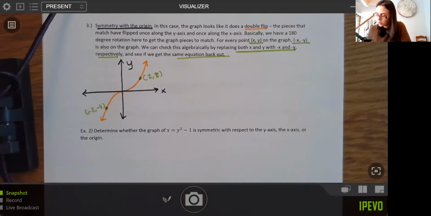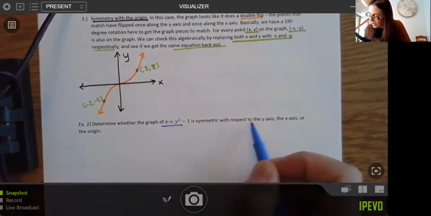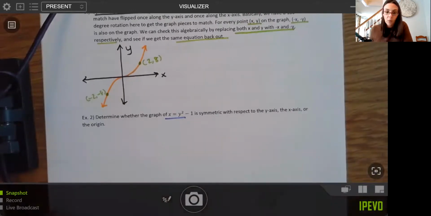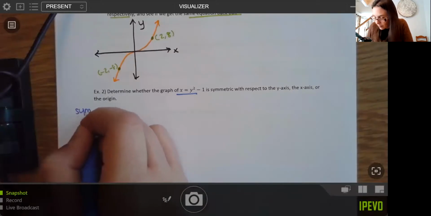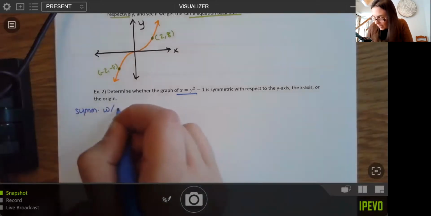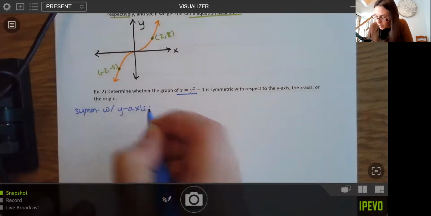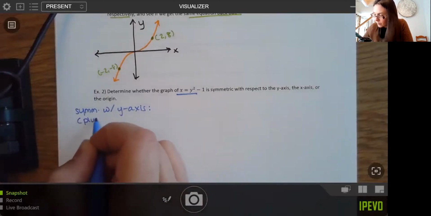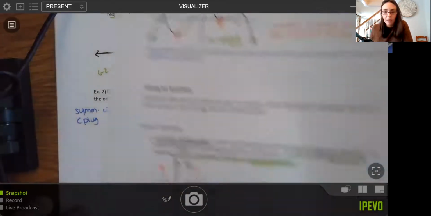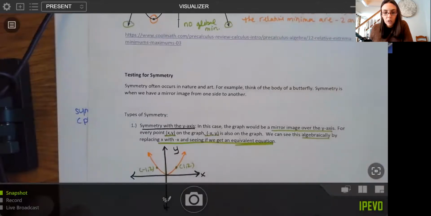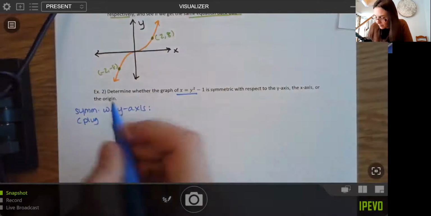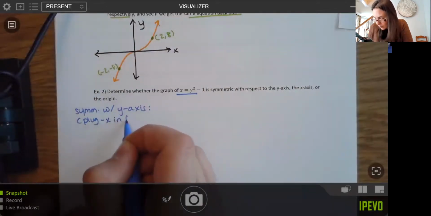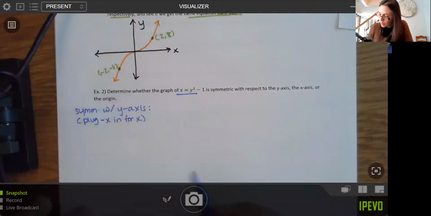So determine whether this graph here is symmetric with the y-axis, the x-axis, and/or the origin. So I'm going to check the symmetry with the y-axis first. What you're going to do there, if you forget, the directions are here on the page before, is you're going to plug in negative x instead. So I'm going to go here.